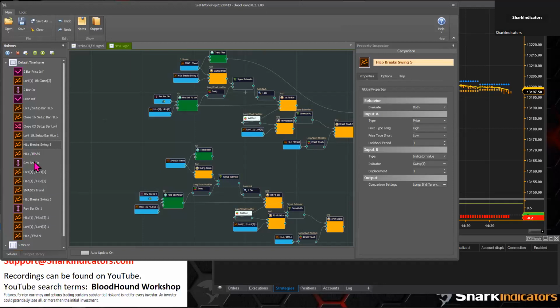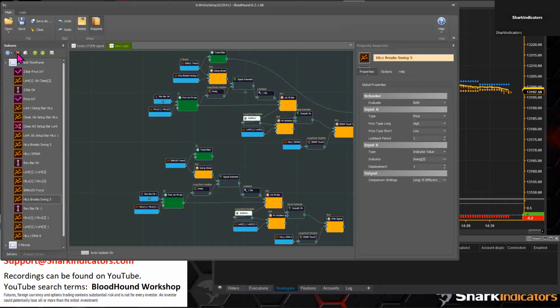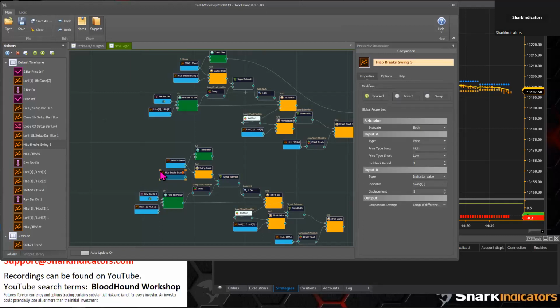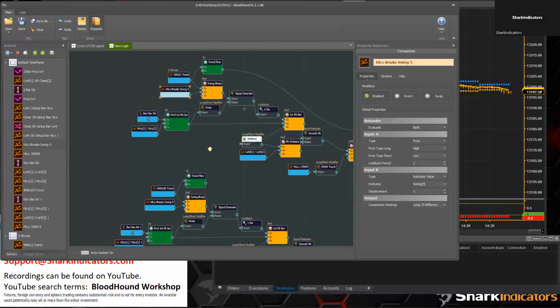So both of these comparison solvers are doing the exact same function. I remember I deleted the copy, so that would be the second one down here on the list, and I can delete that one as well. Then I can take the first one, drag it on here, and plug it in. And so now these two solvers are exactly the same solver.